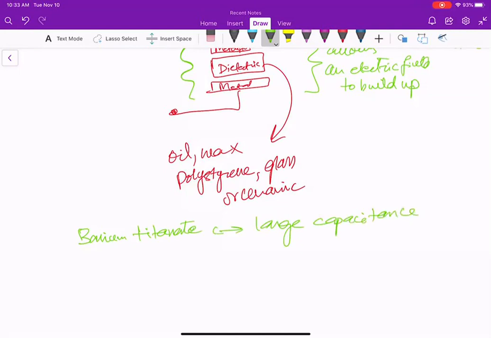So it's the ability to store the charge in the dielectric material that defines the properties of capacitors. So glass or ceramic dielectric material are not suitable for higher frequencies. And there are multiple other factors that define the quality of the capacitor.